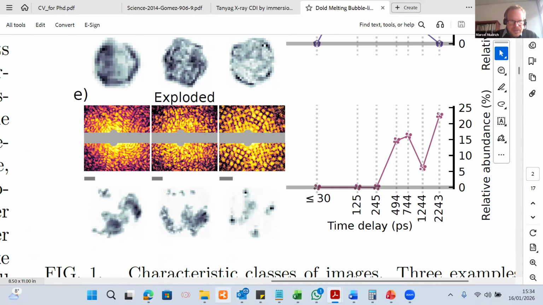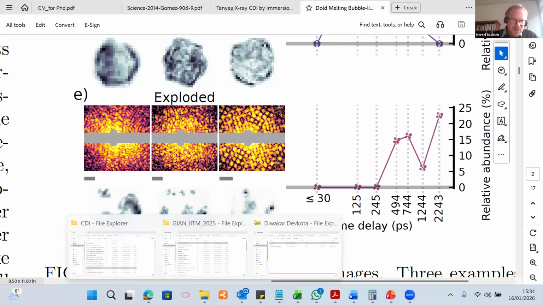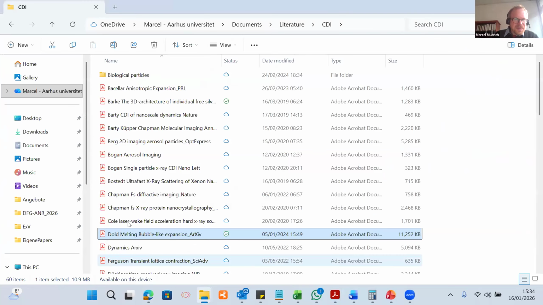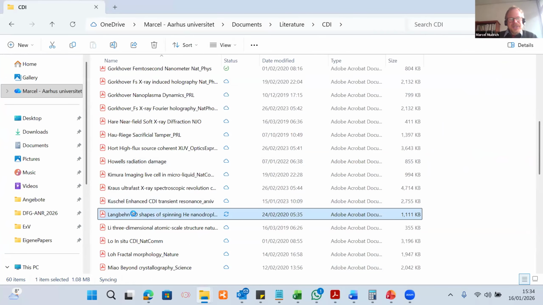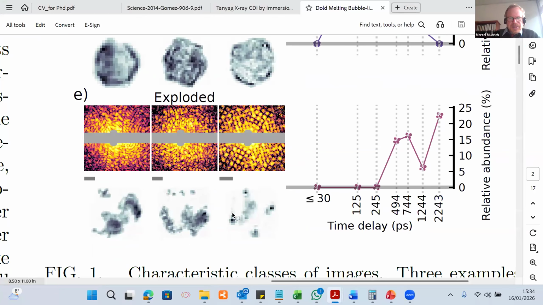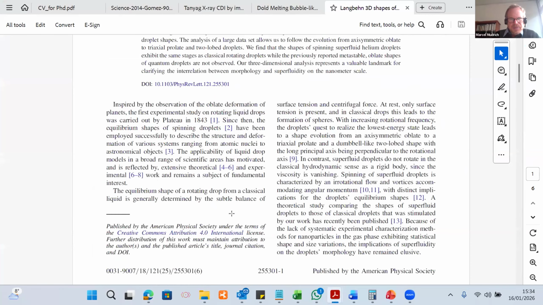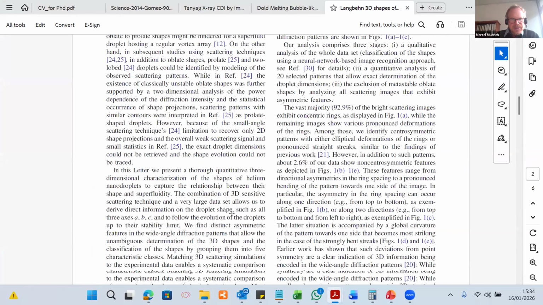I mean, there are similar experiments also with helium nanodroplets, of course. And Shiva, the one that you mentioned, that was this one here. This is, however, not X-ray imaging, but XUV, so much longer wavelength.